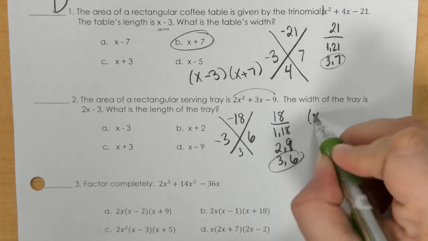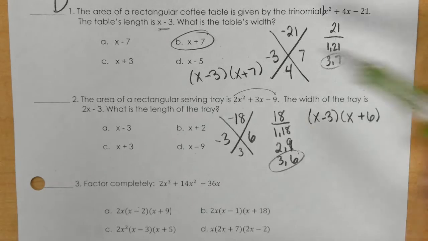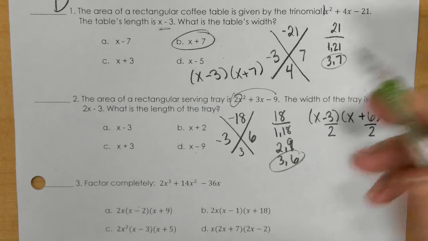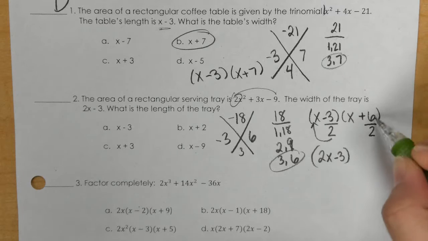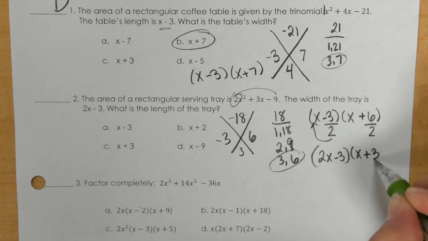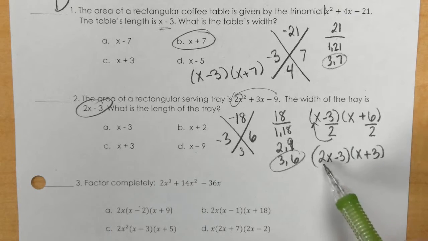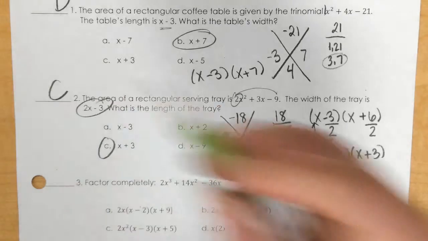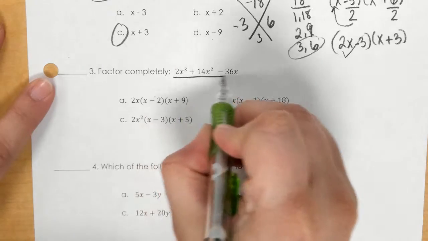This gives me x minus 3, x plus 6, but since this is bottoms up, we divide by 2. We can't divide, so we bring the bottom up. We can divide, and we get 3. Now it already tells us 2x minus 3. That's there. Then we're looking for x plus 3. So C.